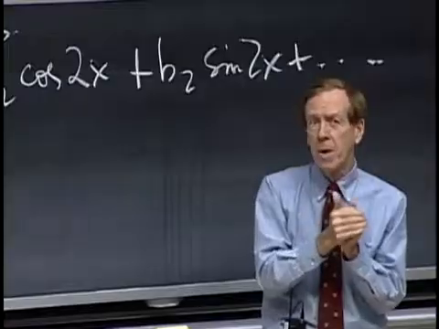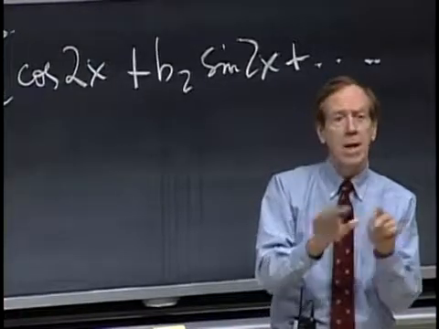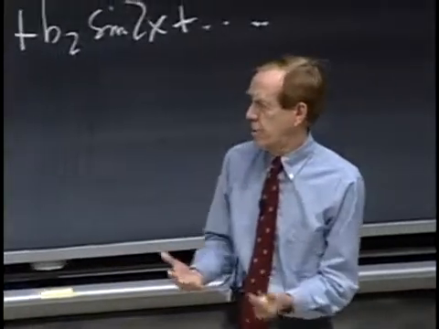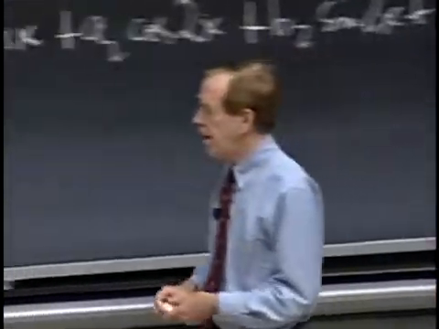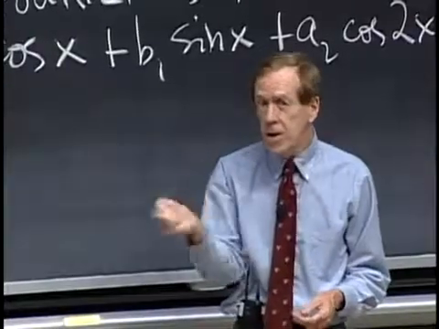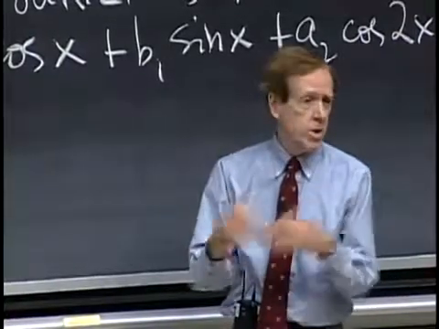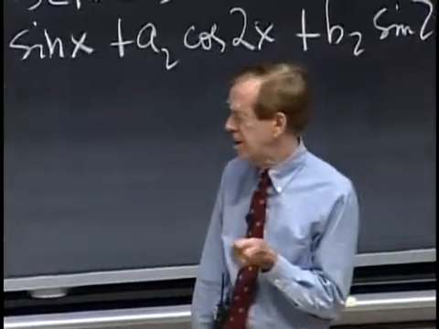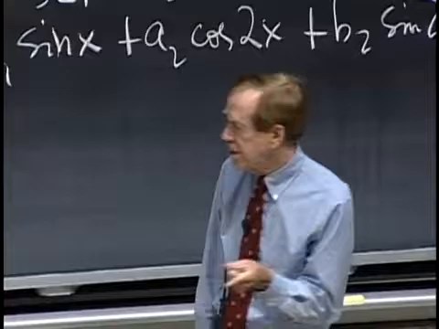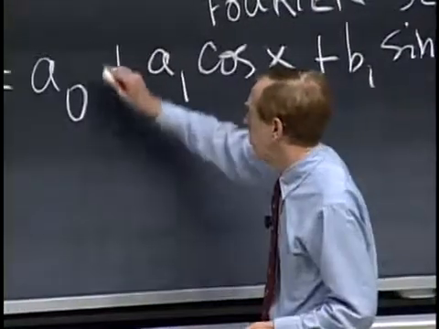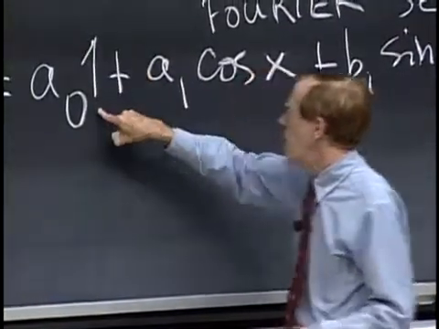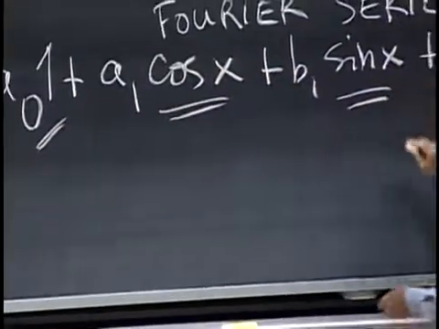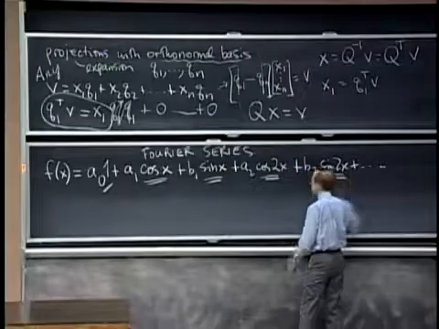So this is like the moment in which we leave finite dimensional vector spaces and go to infinite dimensional vector spaces. And the vectors are now functions. And the basis vectors are functions too. The constant function 1. So my basis is 1, cos x, sine x, cos 2x, sine 2x, and so on.